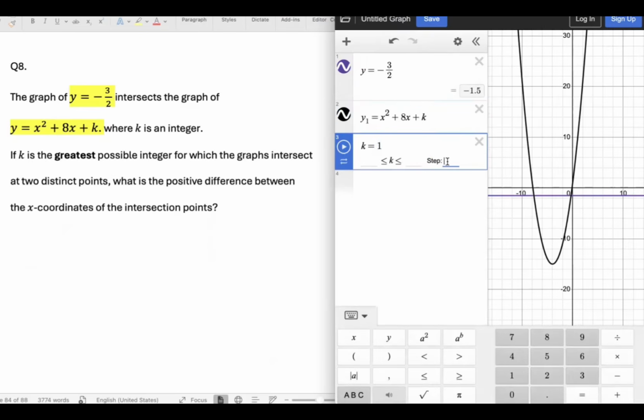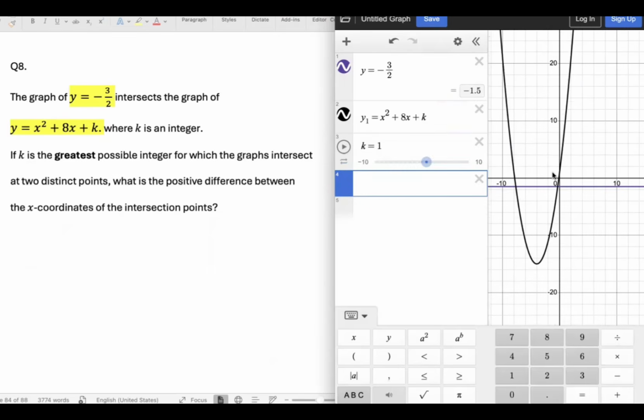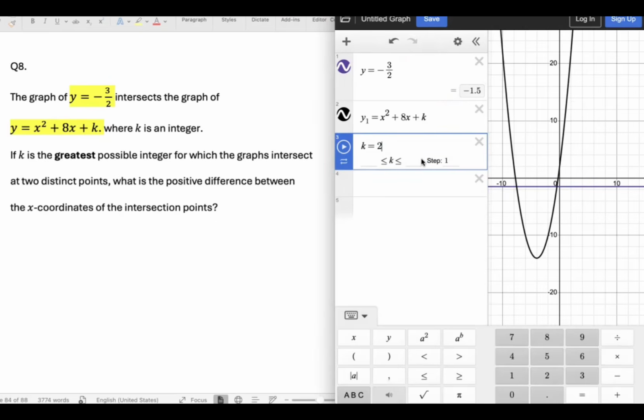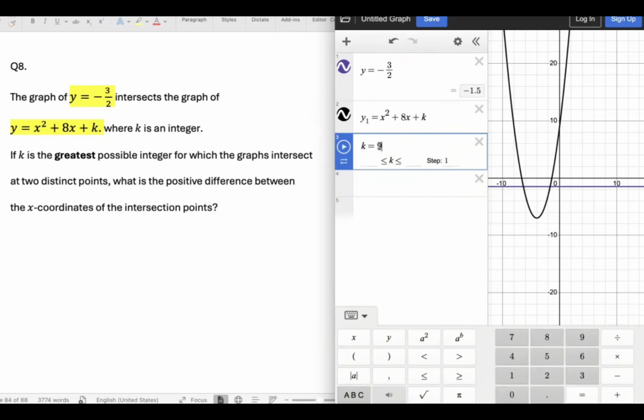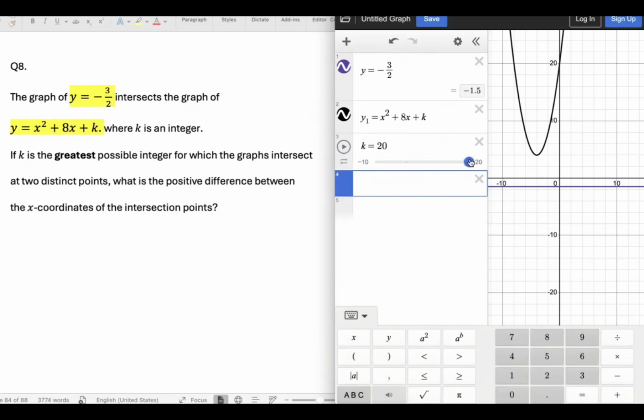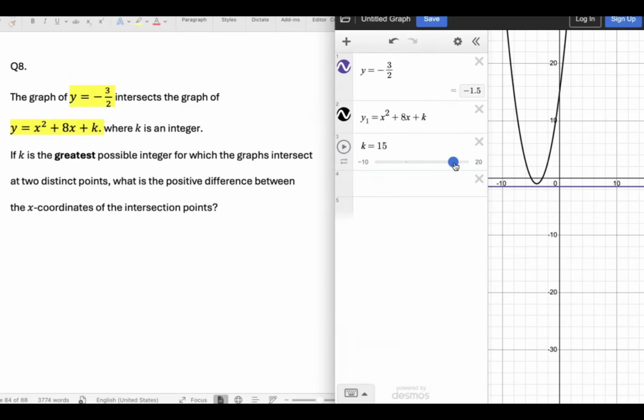I'm going to put a step here, 1, because I want integers. That will prevent you from having any other number. Then I go up on these numbers and I can see we still have a function. I pick 20 and it's up higher than normal. Therefore, I bring it down slowly.